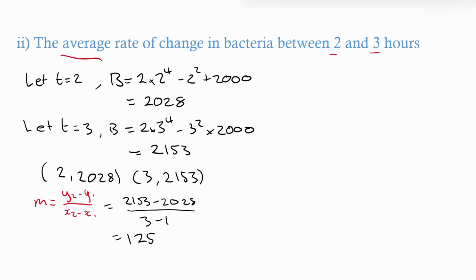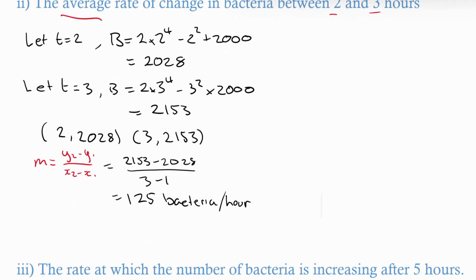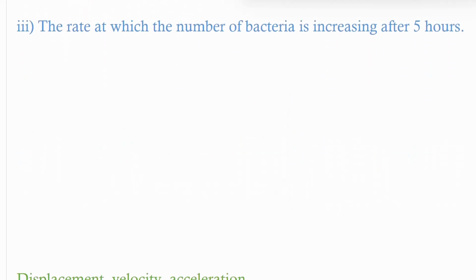It's important here, because it is a rate, we need units, and we know it's bacteria per hour because our y's were the bacteria and our x's were time. So it's bacteria per hour.